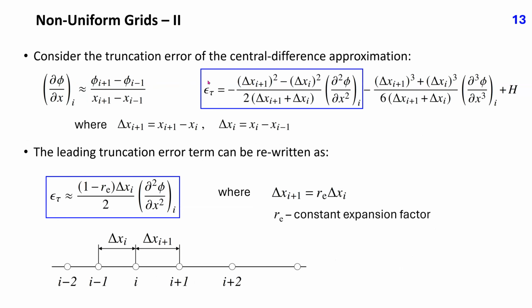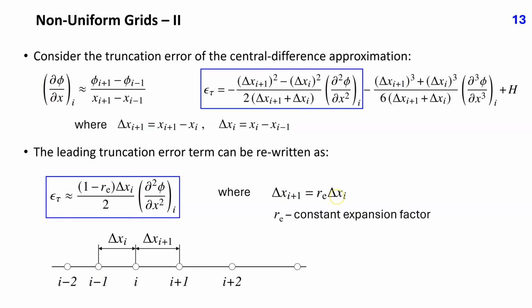Let us now analyze in detail the truncation error of the central difference approximation presented in slide 8. We are interested in the behavior of the leading truncation error term, here framed in blue, when a non-uniform grid is systematically refined. We assume that the grid spacing is expanding in x direction with a constant expansion factor re, as shown here.